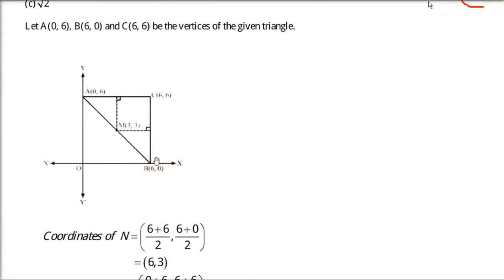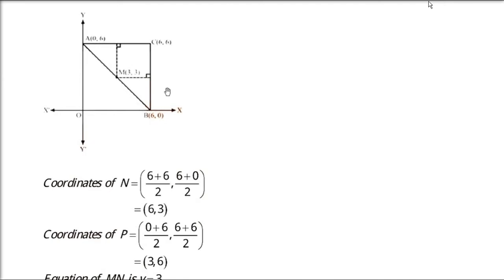Okay. So if I want to show it in the axis, this is 0, 6, this is 6, 0, this is 6, 6. Just join it. Okay. So these three are the sides of the triangle. Now the distance between circumcenter and centroid.